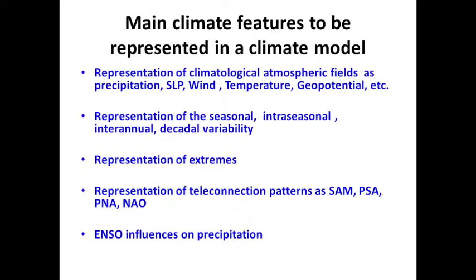We need to know if the model can represent the normal winds in one place, or, for example, the change in the winds in the monsoon of India, or the change in precipitation from winter to summer in many regions. So this is very basic.